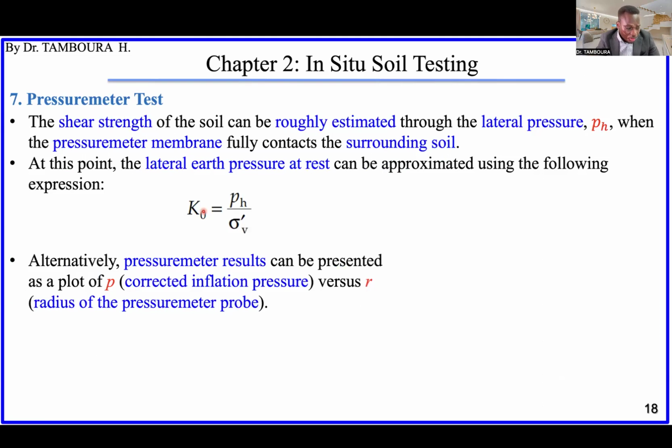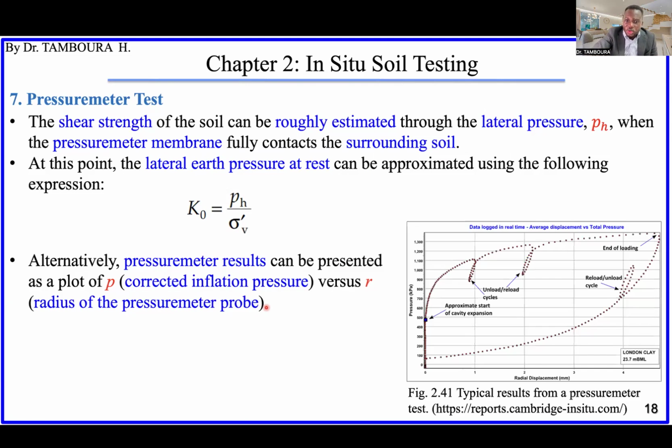Alternatively, there is also another way. Instead of expressing the result by pressure versus volume, we just do pressure versus radius of the pressuremeter, because the volume is related to the radius of the pressuremeter. The pressuremeter radius will increase when the volume is increasing.